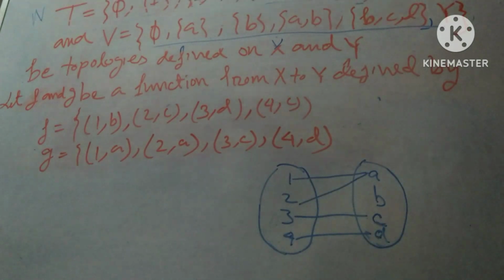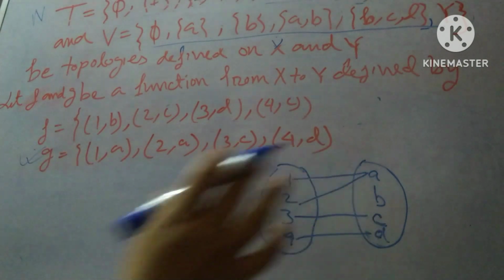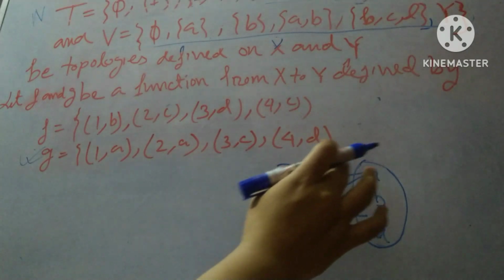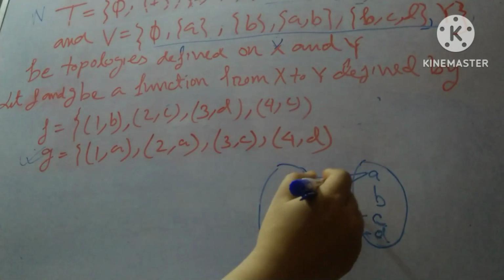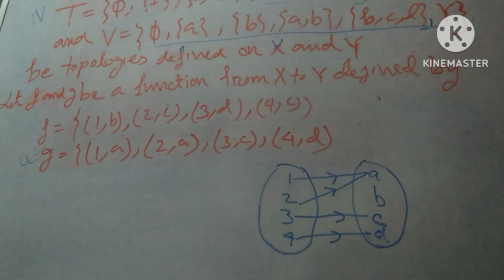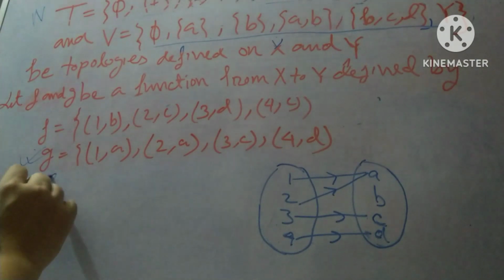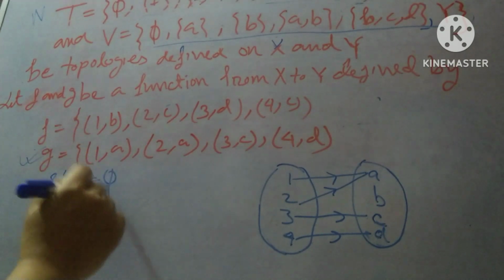Now friends, the question is going on to G. Now my target is G. I have already done the G function: when 1 the image is A, and when 2 the image is A. Now I have to check that the inverse of the V open sets is also T open. So for phi, G of phi is obviously phi.